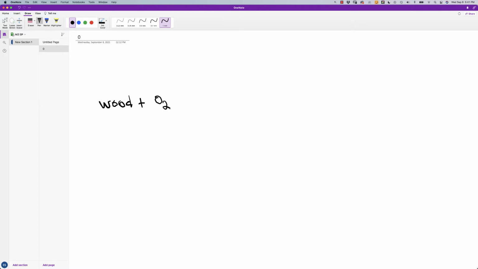Plus oxygen from the air to burn creates ash plus carbon dioxide plus water. Okay, this is what needed to be remembered yesterday. Whenever you're doing a combustion, it takes oxygen from the air to create predominantly carbon dioxide and water, but there's ash in this wood as well.